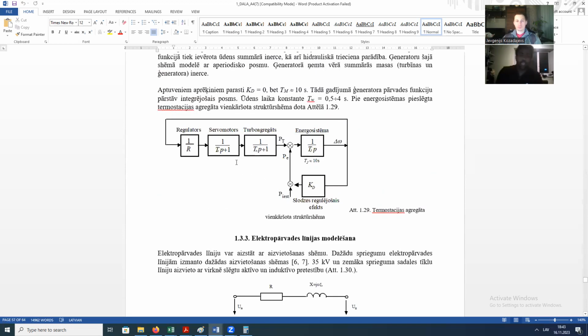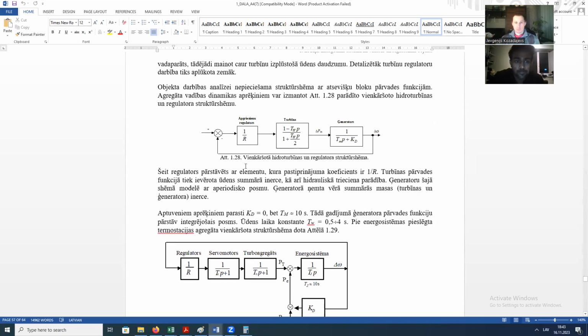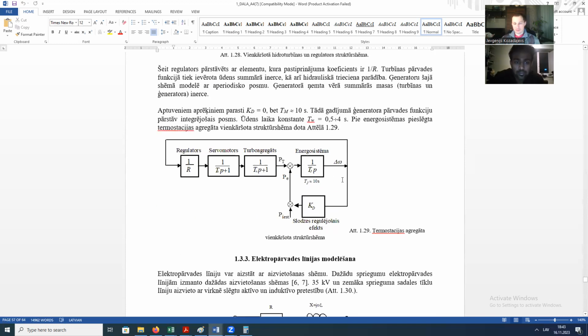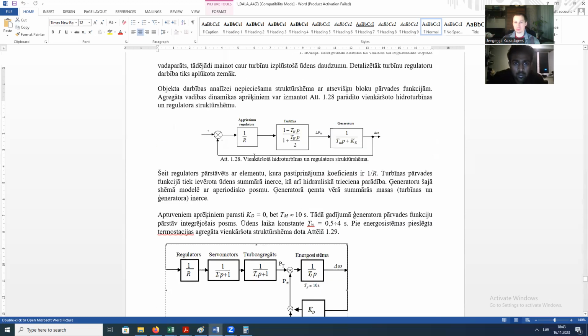So when we represent this concentrated system with a steam, with a valve, a motor, there is a control here. This unit represents the control.